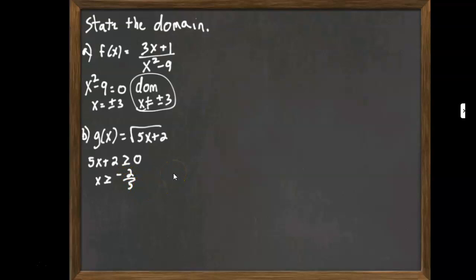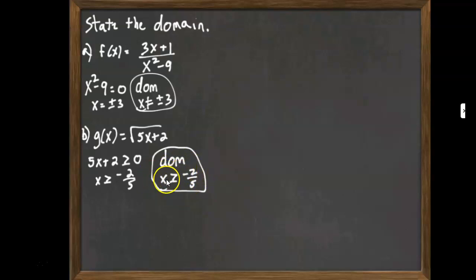Now, generally, with inequalities like this, you are going to want to write the answer in interval notation. One way to state it is with the inequality. If you're not told you have to use interval notation, then certainly you can just write the inequality.